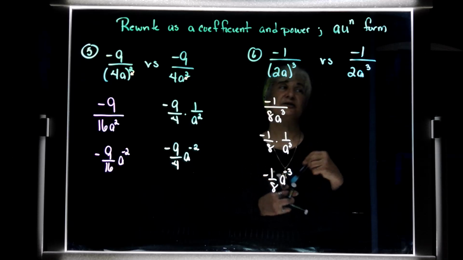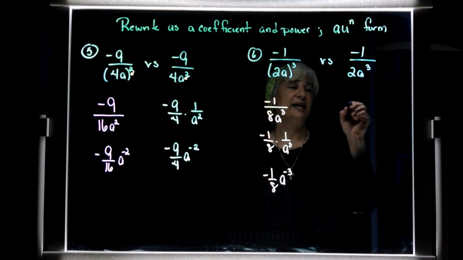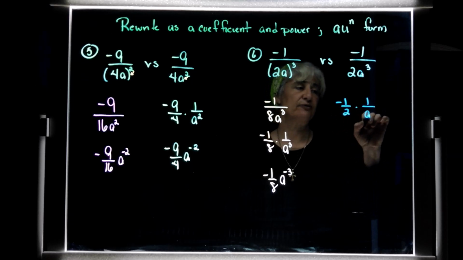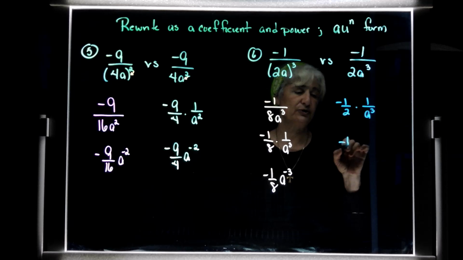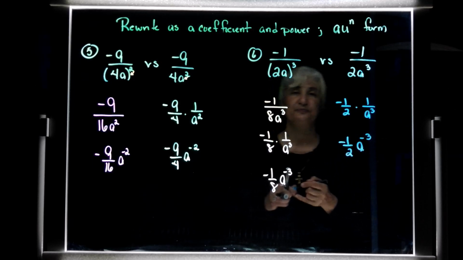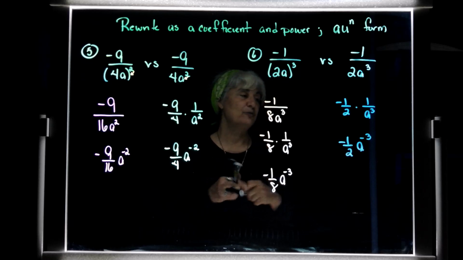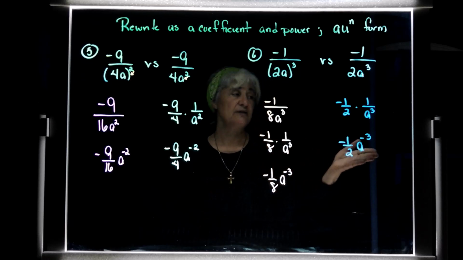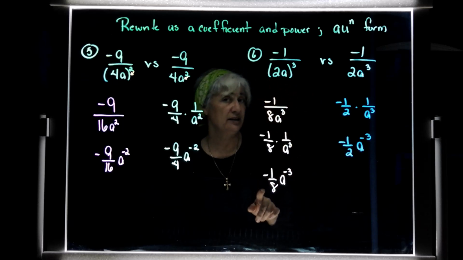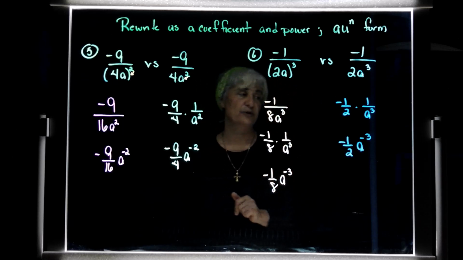This one you're like, the 3 applies only to the a. So if you wanted to write it as 2 separate fractions multiplied together first, you can, but you still get this answer, don't you? Negative 1/2, a to the negative 3. Whereas the one with the parentheses is negative 1/8, a to the power of negative 3.